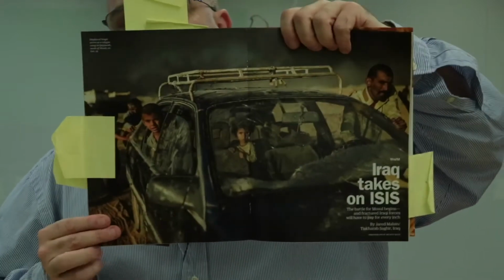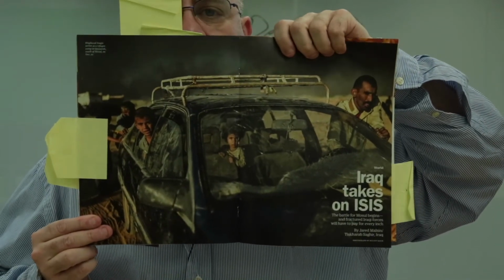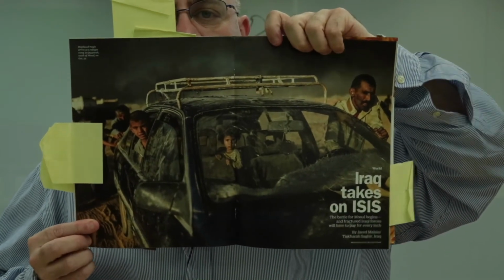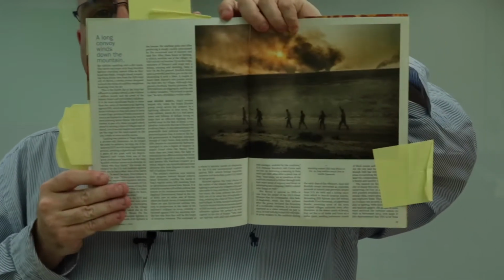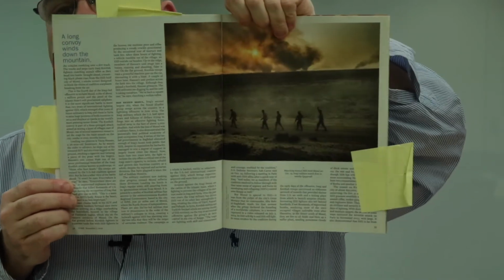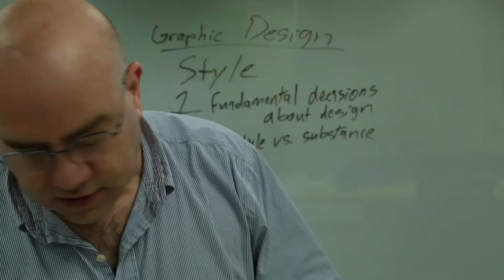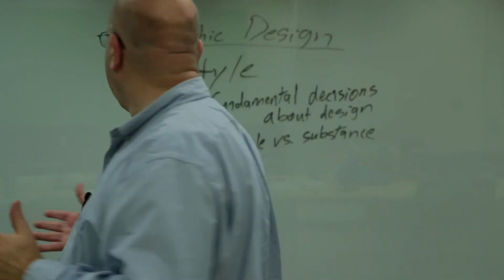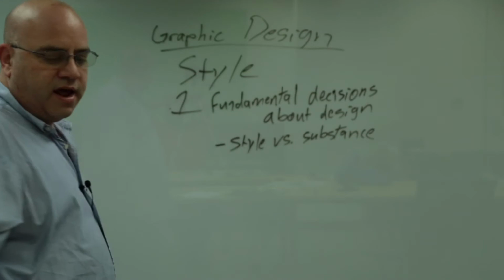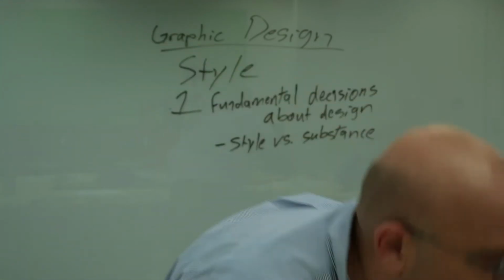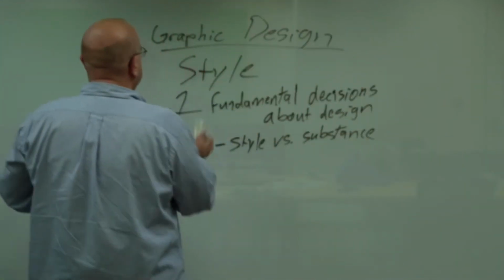So look at the cover, the front of this magazine article, okay? Or this layout. Very simple, very straightforward, easy to use, okay? So there's style when we're talking about those kind of stylistic issues, okay? And then I wanted to talk to you about what I'm calling grid space, okay?